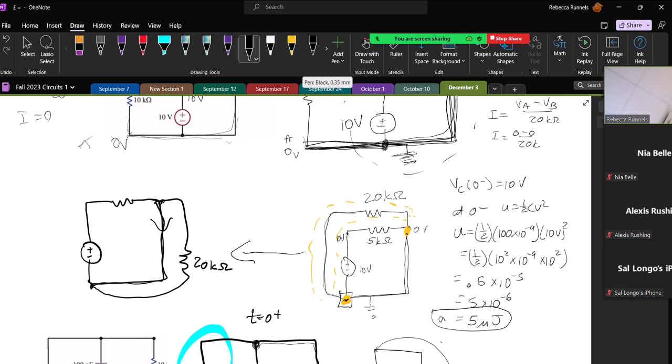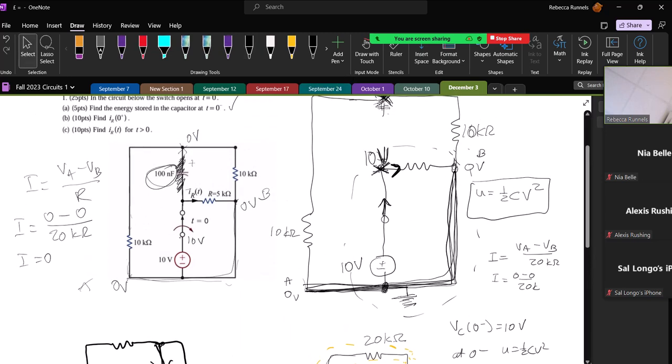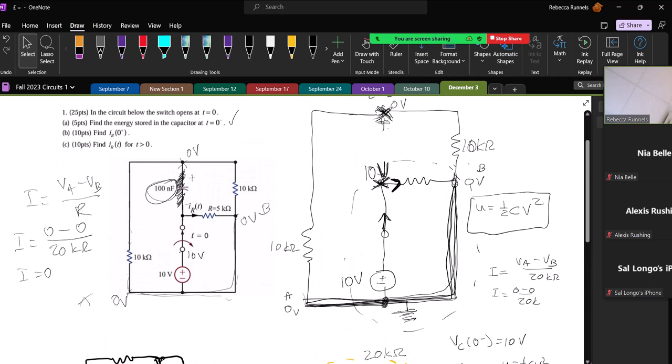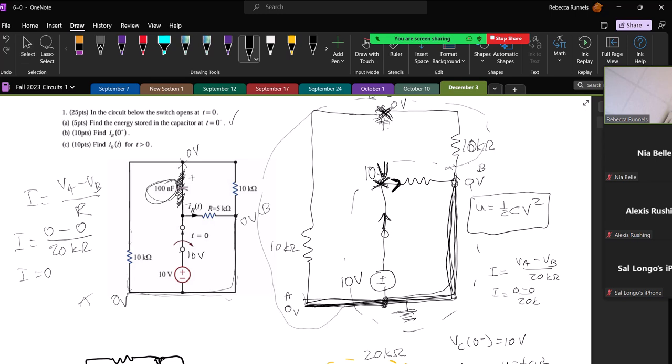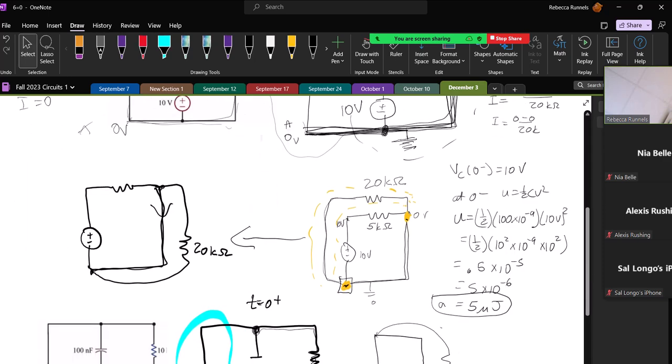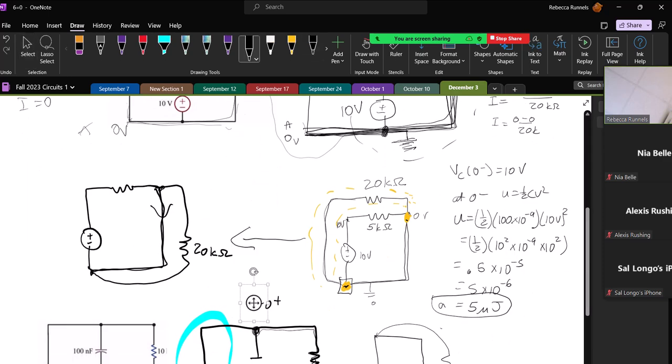And then one way I was thinking about this was, let me take this branch of the resistor, because this is kind of a weird looking circuit, and think about folding it over so that it's on the other side of my circuit, like this.